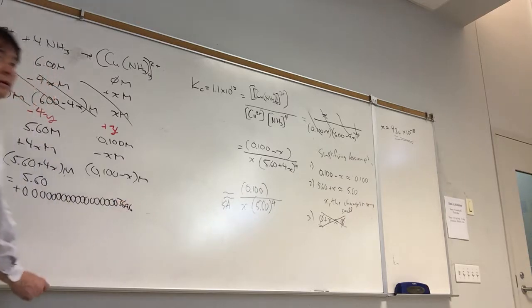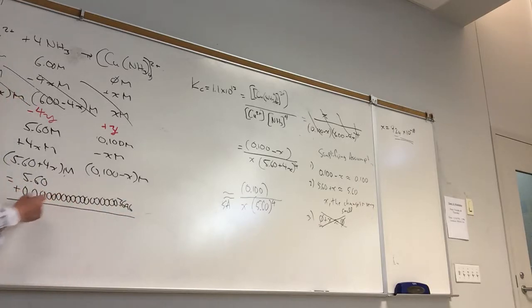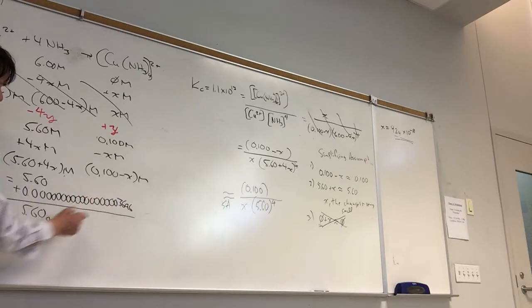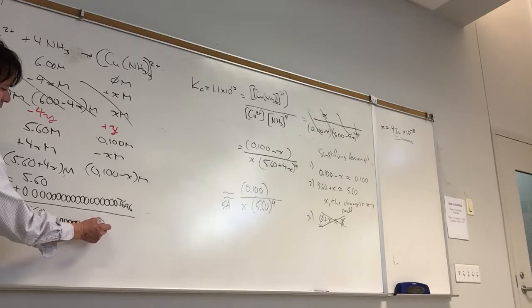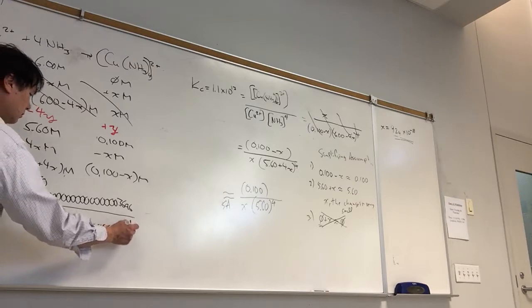And if I do 5.60 plus this, I get 5.60, and then these are extras, so I'll subscript those.